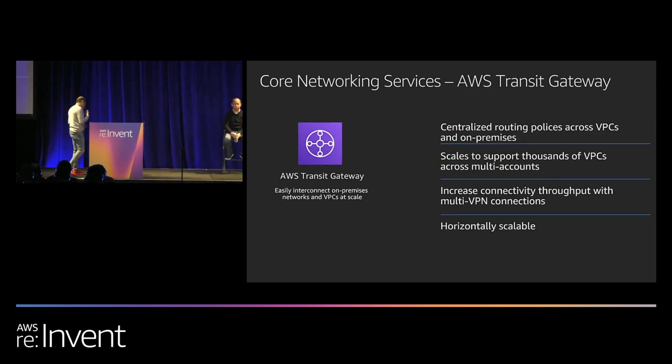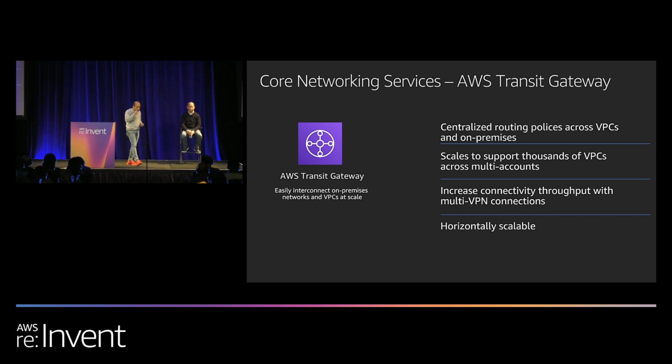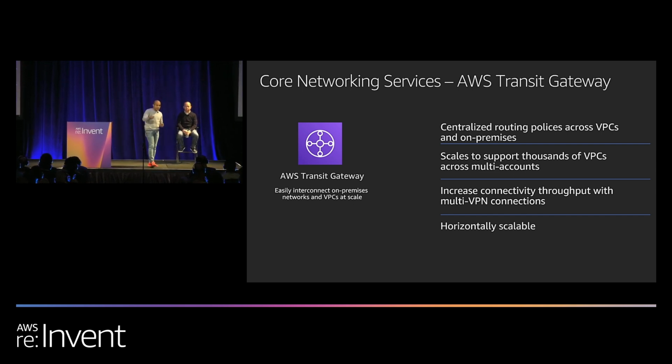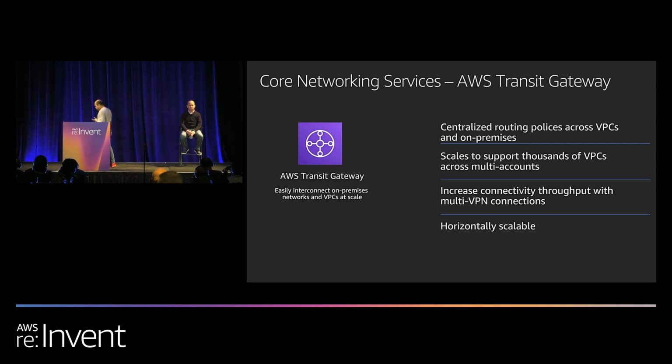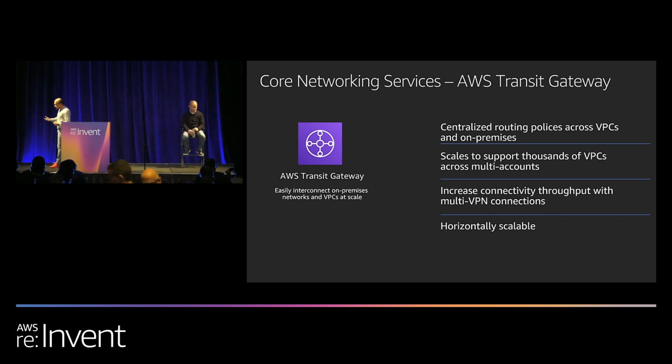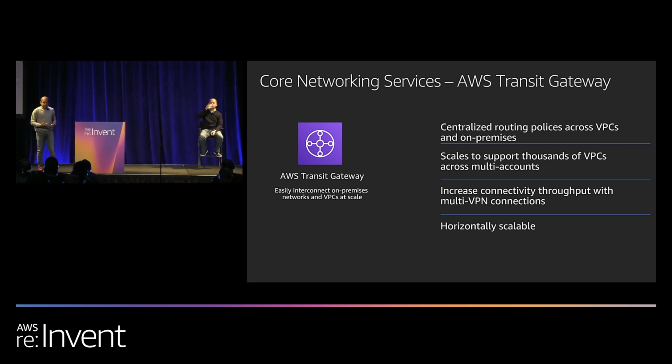The third capability I want to spend a few minutes on is AWS Transit Gateway. Last year, we introduced AWS Transit Gateway to you guys. AWS Transit Gateway gives you centralized routing control. It is your elastic, virtual layer 3 router in the cloud.